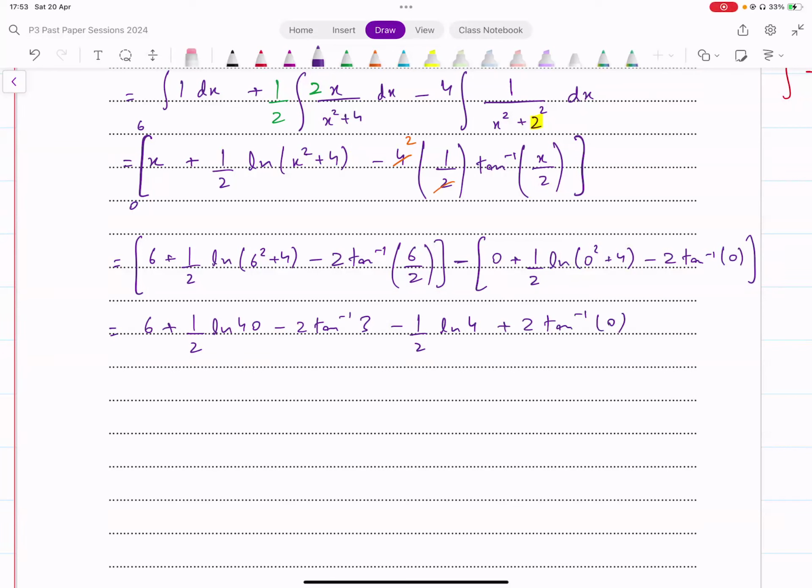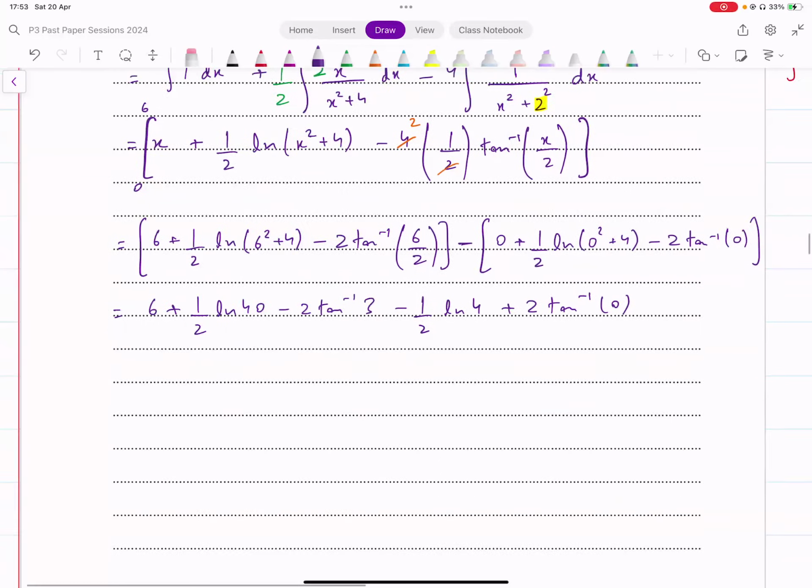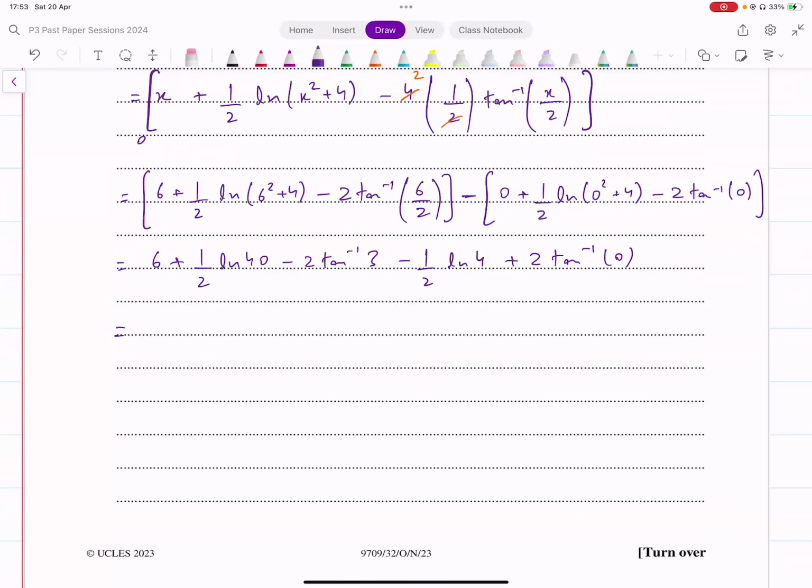Tan inverse of 0 is also going to give you 0. So now you simplify this further. You've got 6 minus tan inverse of 3. I'm writing the ln terms together on purpose because in our final answer, we want to write down the ln terms as a single term.